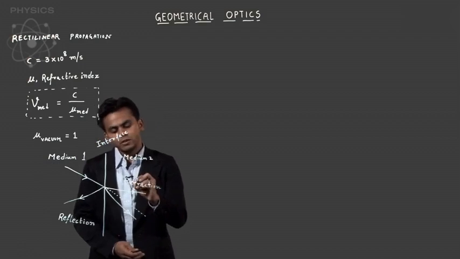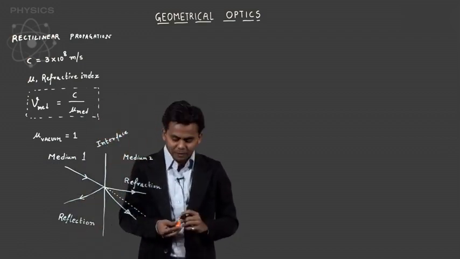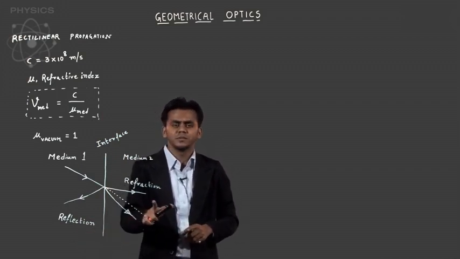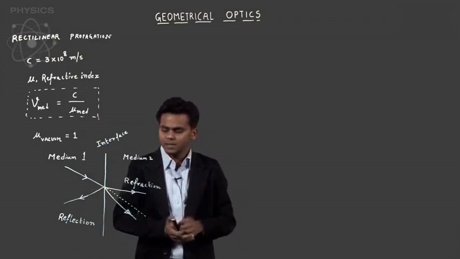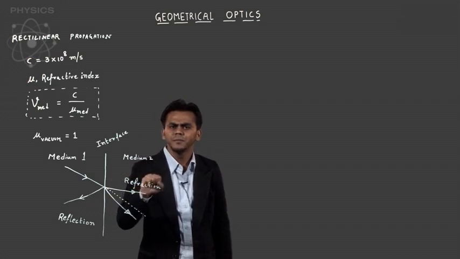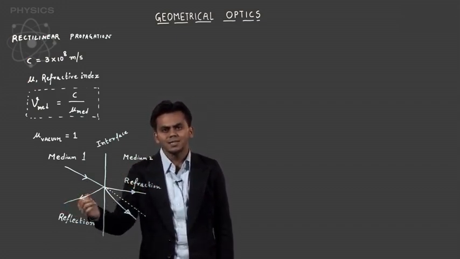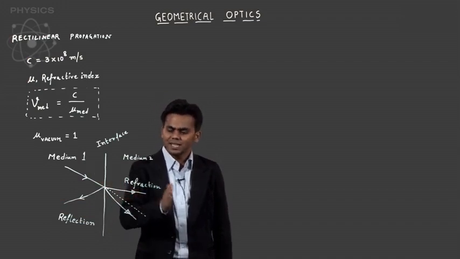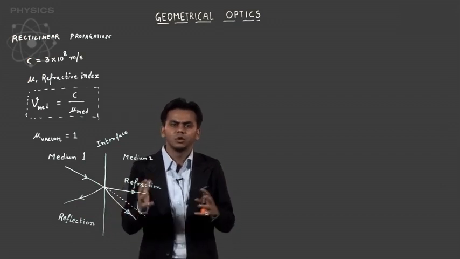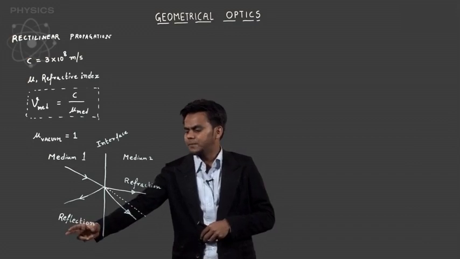So whenever a ray of light meets an interface, the surface separating two media, it can suffer reflection or refraction. In this chapter, we'll start with reflection first and ignore refraction, then later ignore reflection and study refraction, and then we'll mix both and study them together. So now let's start with reflection.